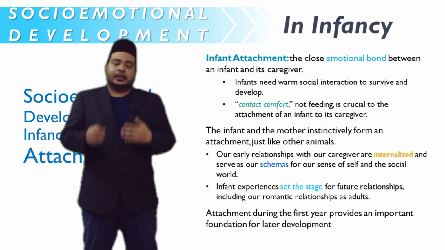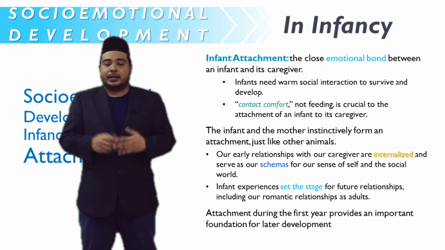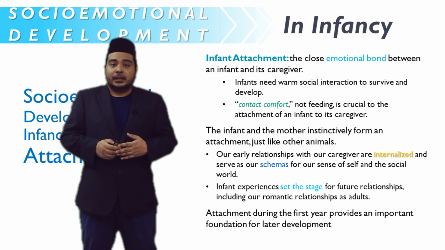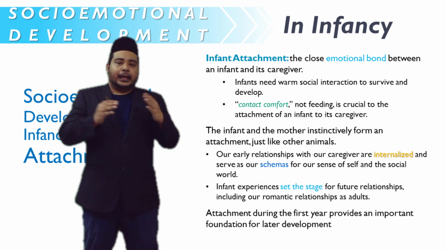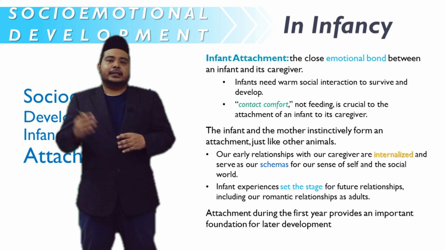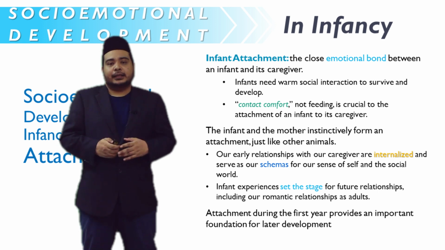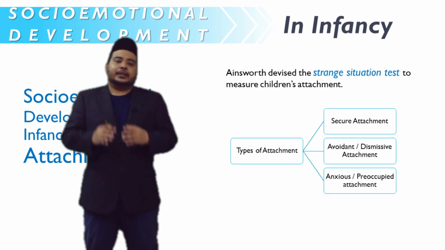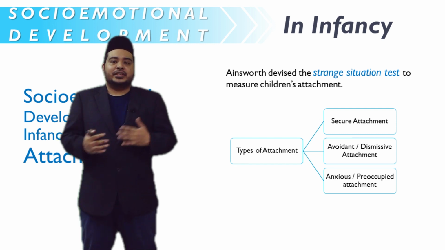So infant attachment with their parents and caregivers is very important. Attachment during the first year provides an important foundation for later development in their life. Okay, Ainsworth devised the strange situation test to measure children's attachment.